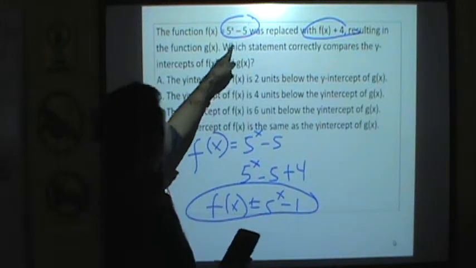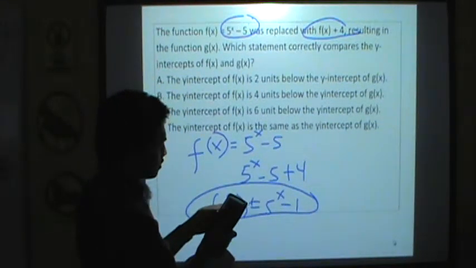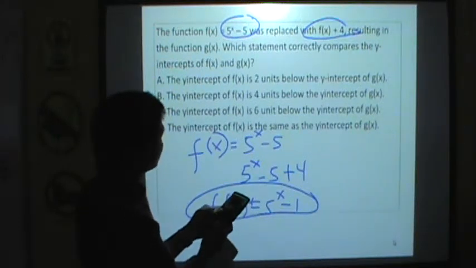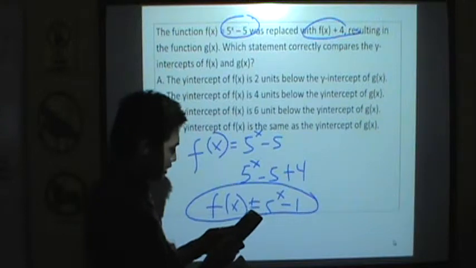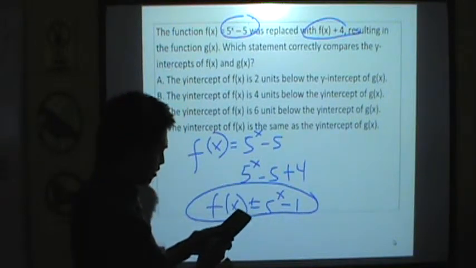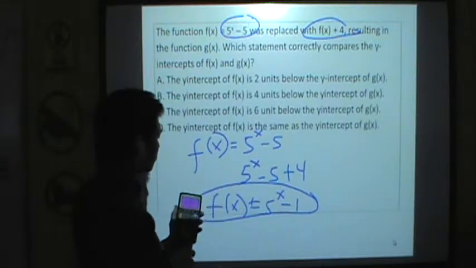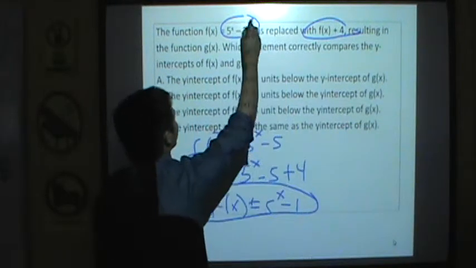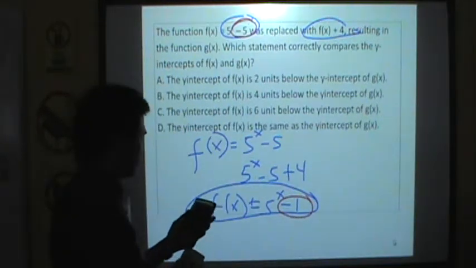See, the y-intercept is negative 5. Now, this time, press the y equals again, and then go to y2, and then enter the new function, which is 5 raised to the x, and then minus 1. Graph it again, and here we had negative 5. It is now going to hit the negative 1 of the y-axis.